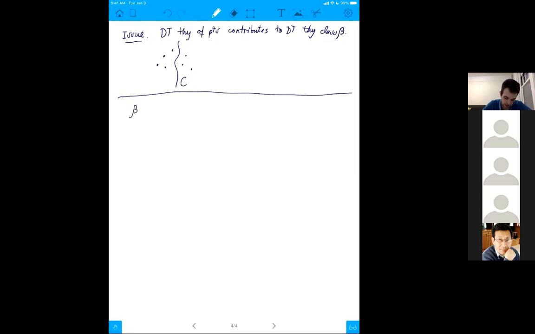Indeed, beta can be 0, and then this I_n(X, beta) will be the Hilbert scheme of points on X. And in this case, the expected dimension, which was beta times C1 of X, will be 0. So when beta is 0 and we deal with the Hilbert schemes of points, we will not have insertions. We have, for fixed n, just one number, one Donaldson-Thomas invariant.